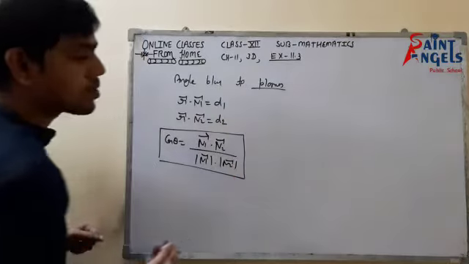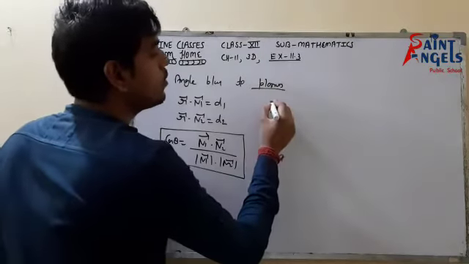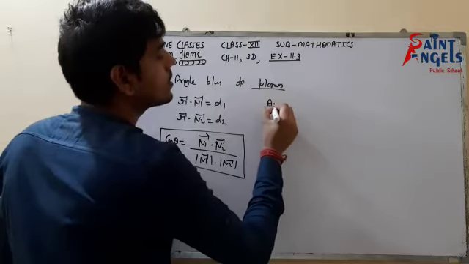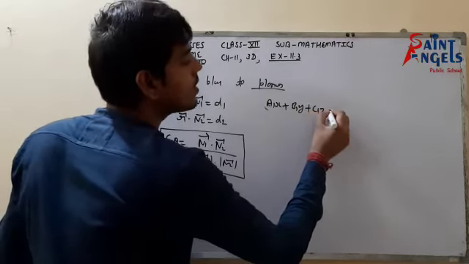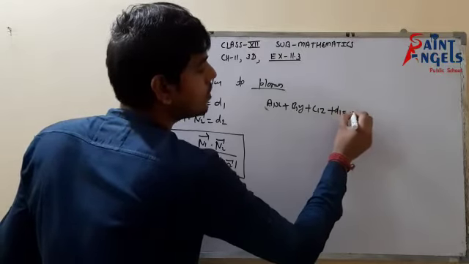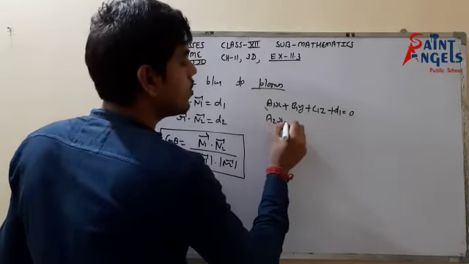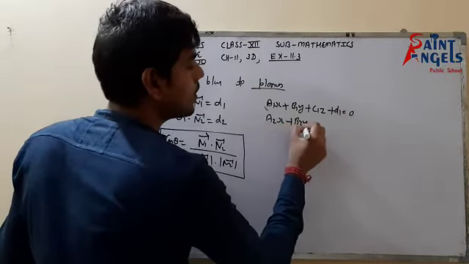Suppose we are given the equations of the planes in Cartesian form, like a1x plus b1y plus c1z plus d1 equals 0, and another a2x plus b2y plus c2z plus d2 equals 0.